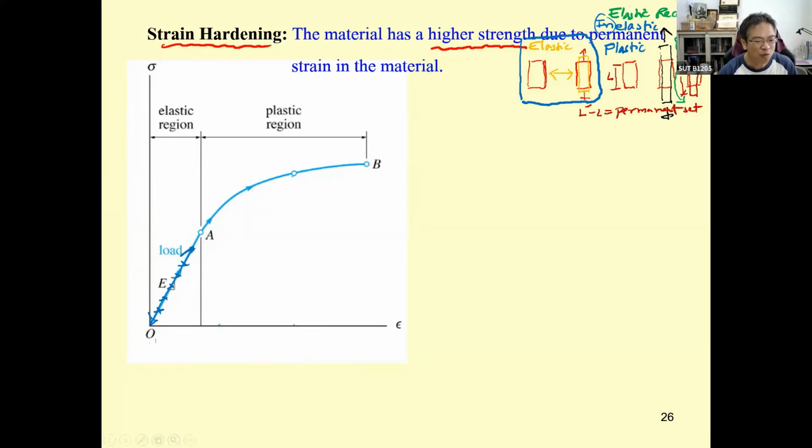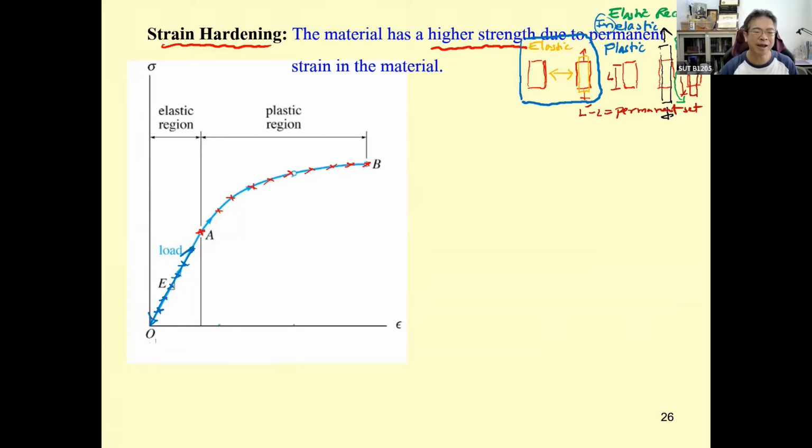But when you increase the force and produce the stress that passes the elastic region, that is going to produce another behavior.